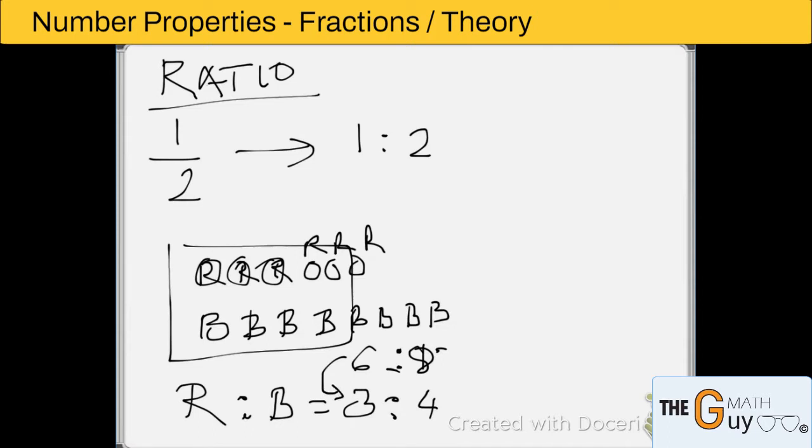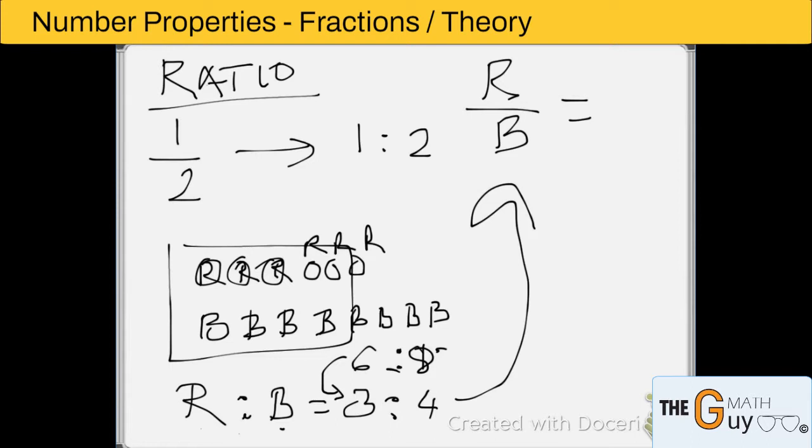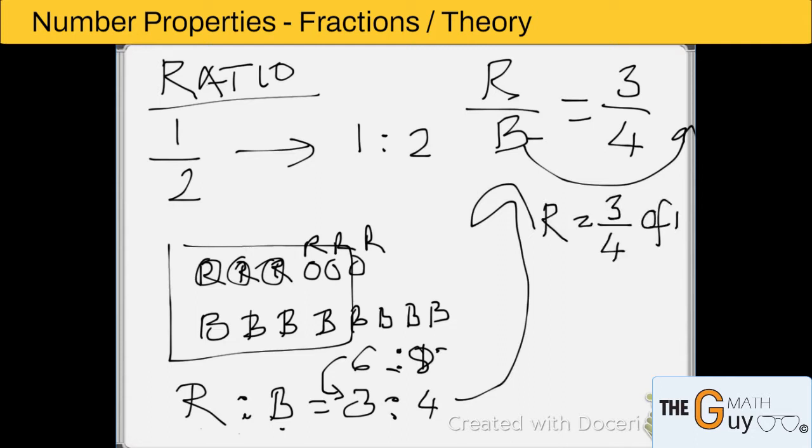And a ratio can be converted into a fraction, thinking of it this way: red is to blue could be written as red over blue, and 3:4 would become 3/4, right? This would make sense. If I take blue on the other side, cross multiply, I get red is equal to 3/4 of blue.